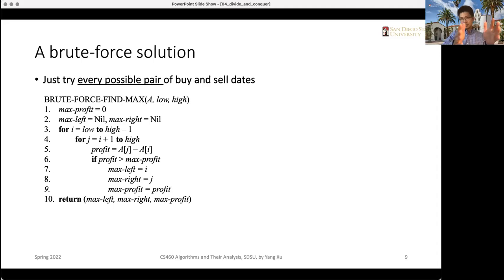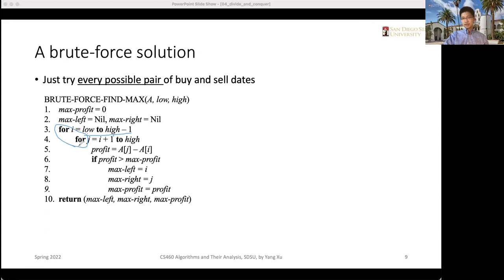This pseudocode implementation is something you can find in the textbook. What it basically does is use a 2-layer for loop. The outer loop ranges over all possible buy-in dates, from low to high - 1.